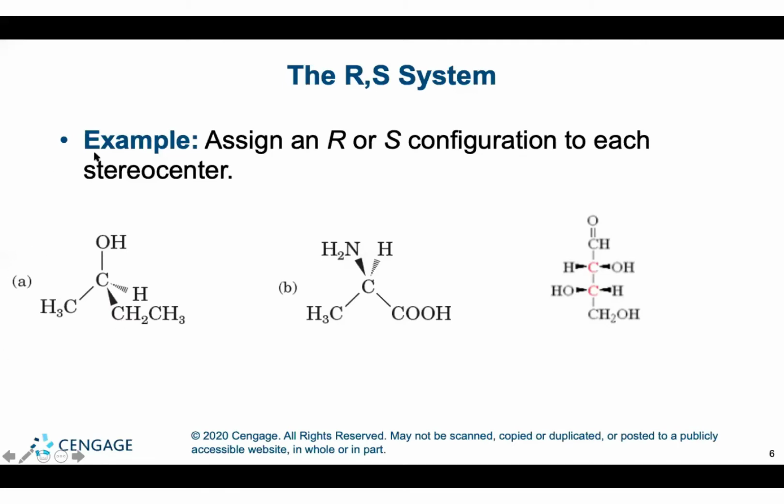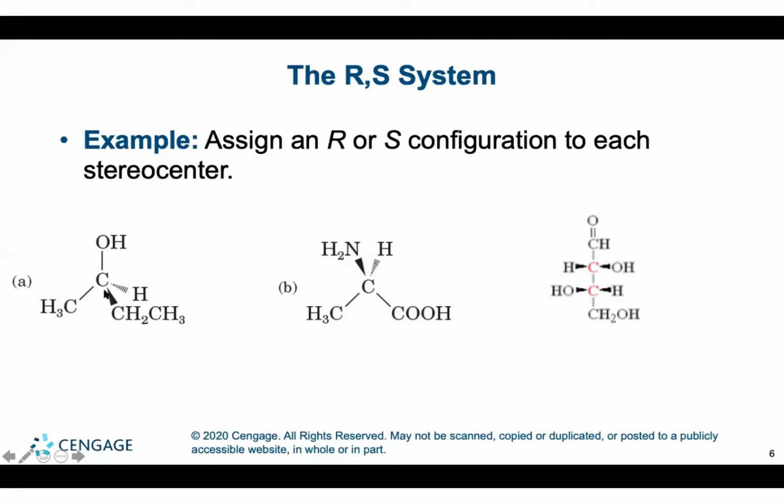Then number two is gonna be CH2CH3, because if we have the same carbon, we look at what comes after that; it has more carbon atoms, so this would be number two. CH3 will be number three, and hydrogen is gonna be number four.